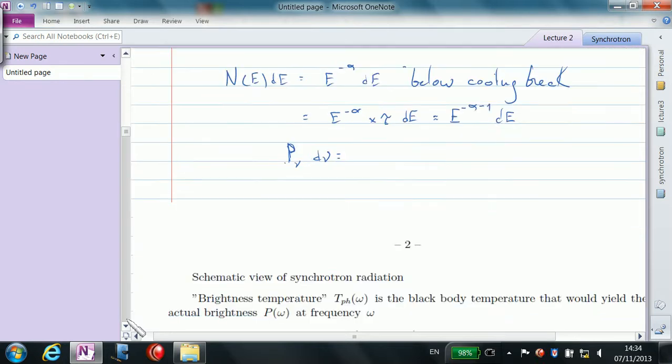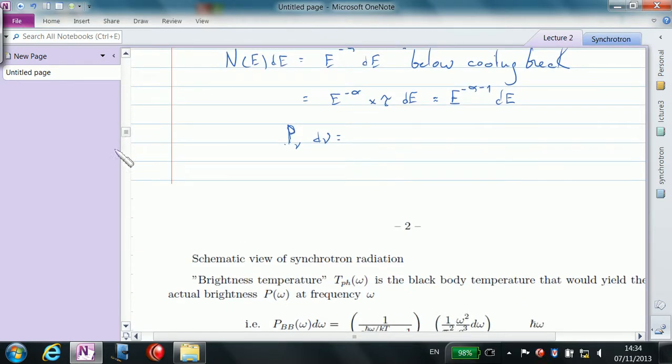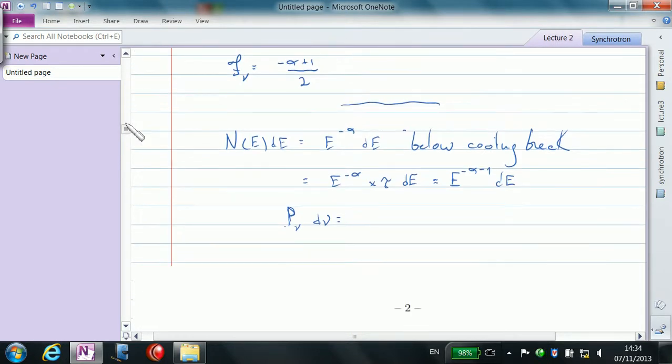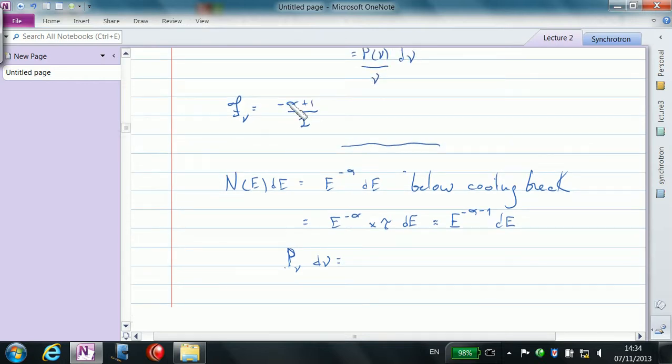So minus alpha is minus alpha minus 1. And instead of having f of nu proportional to, this should have been, sorry, nu to the minus alpha plus 1 over 2. So here I just replace alpha, so it's minus alpha over 2.